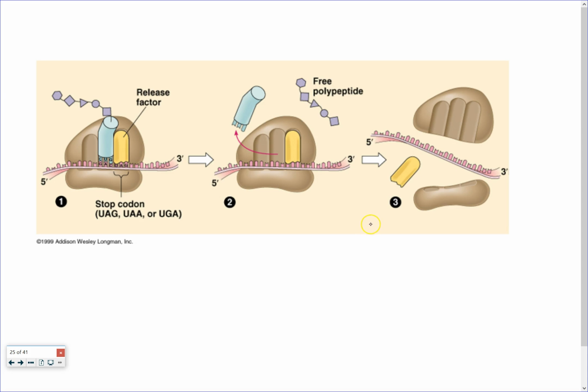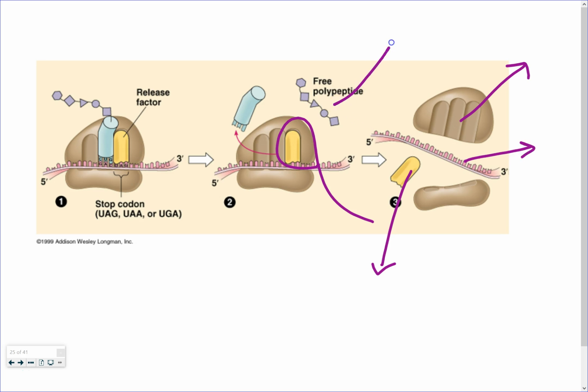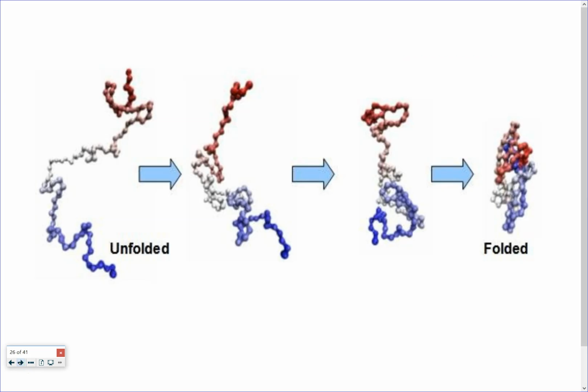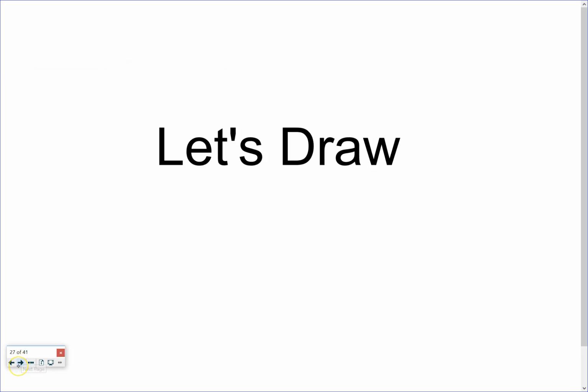This would represent your stop codon. And once you reach that stop codon, everything falls off. Ribosome breaks up. Stop goes one way. mRNA goes one way. And the free polypeptide chain goes one way. And it's going to start unfolded. And it will begin to fold, assuming the temperature, pH, and other cellular conditions are in optimal range.